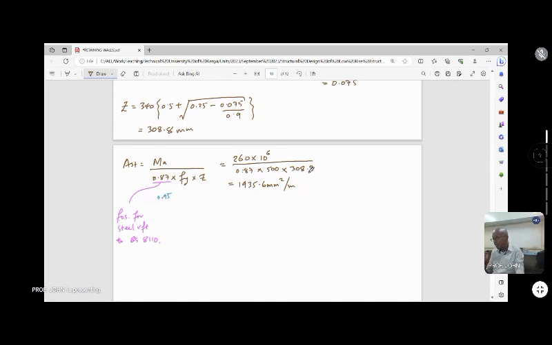So you can work with the tables. Those that I have shown a bit of reinforced concrete design, you can also just make this calculation yourself.